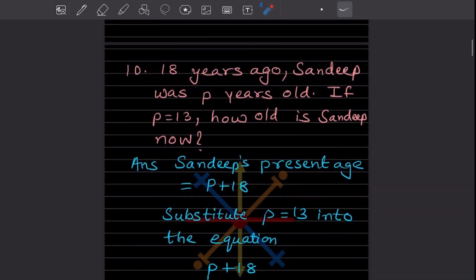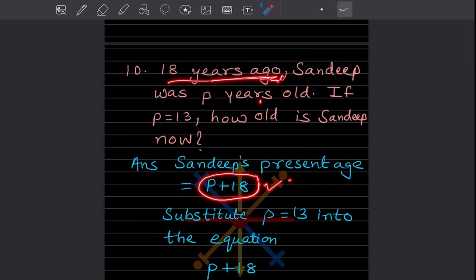The next question says that 18 years ago, ago means before, Sandeep was P years old. If P is equal to 13, how old is Sandeep now? Now means the present age. We don't know Sandeep's present age, so let us write it here. Ago means before, it was 18 years ago that Sandeep was P years old. So present age can be written like this: P plus 18, isn't it?